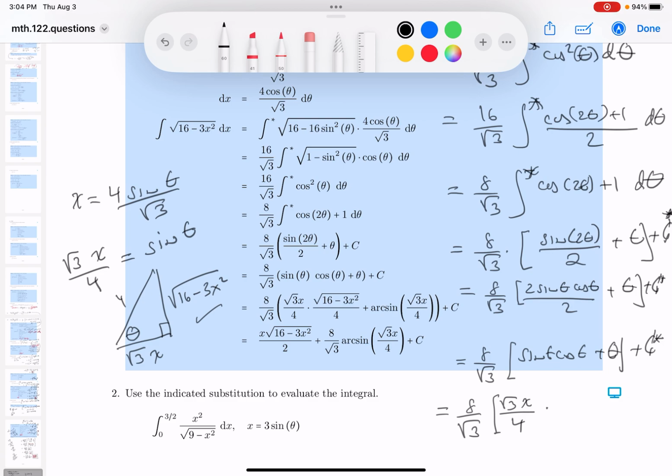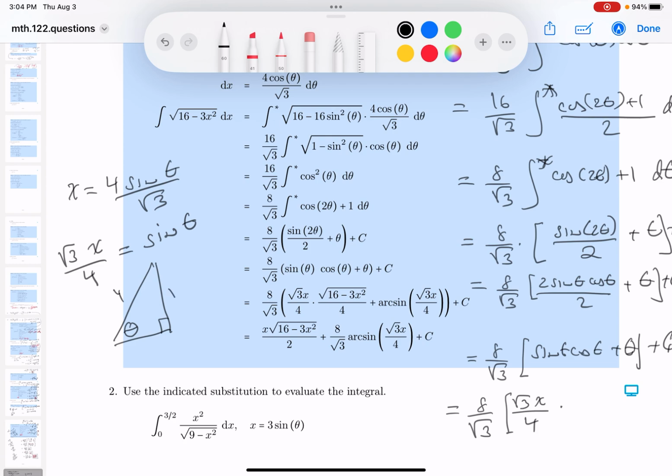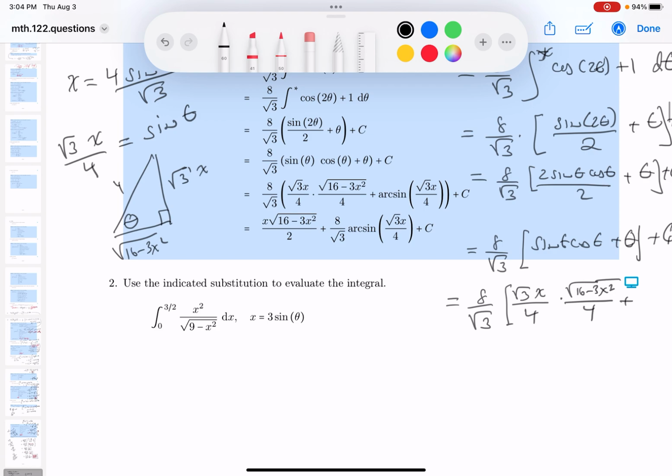You know what? I made a mistake in the picture, and I'm going to correct it now. I'm daydreaming. And this will be 16 minus 3x squared. Sorry about that. The cosine theta is going to be the root of 16 minus 3x squared over 4, plus theta. I'll clean this up in a moment.